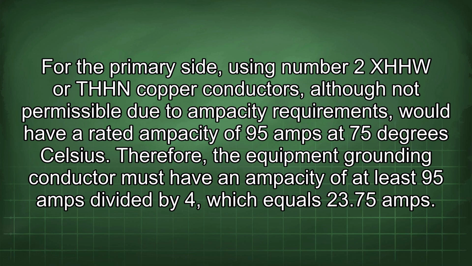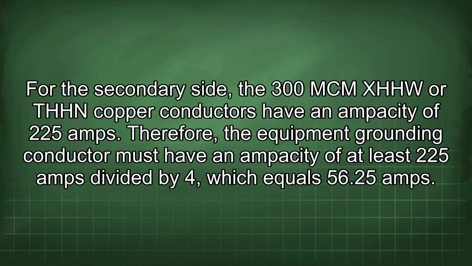Therefore, the equipment grounding conductor must have an ampacity of at least 95 amps divided by 4, which equals 23.75 amps. For the secondary side, the 300 kcmil XHHW or THHN copper conductors have an ampacity of 225 amps. Therefore, the equipment grounding conductor must have an ampacity of at least 225 amps divided by 4, which equals 56.25 amps.